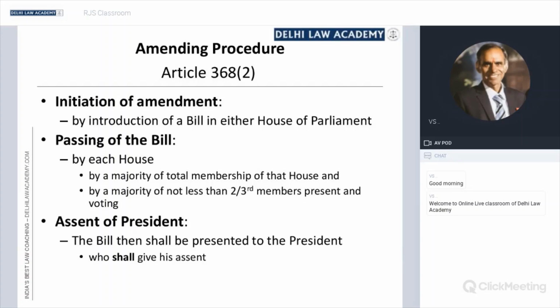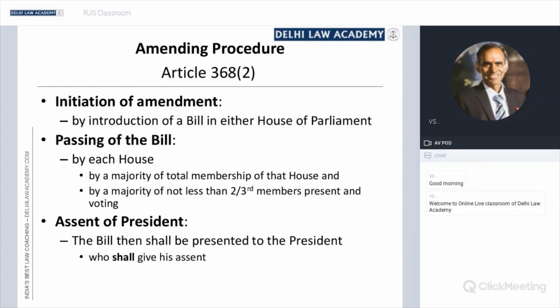Once this is done, the bill is sent to the president for his assent, and the modified provision says that the bill, when it is presented to the president, he shall give his assent.